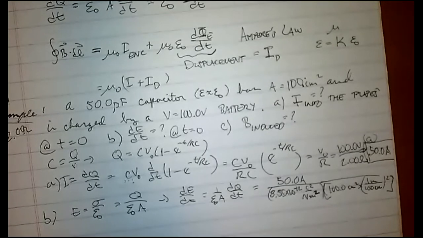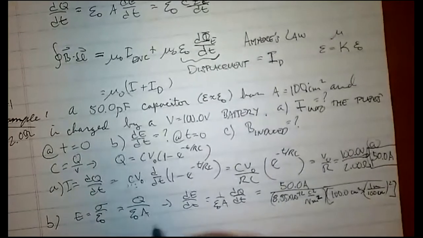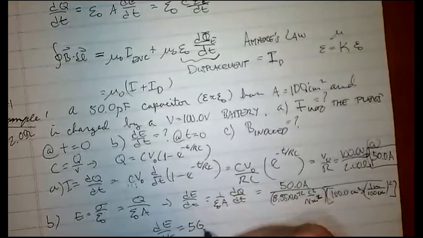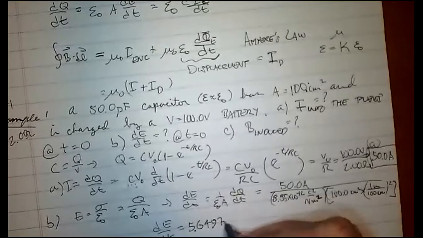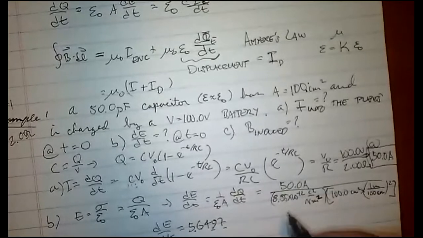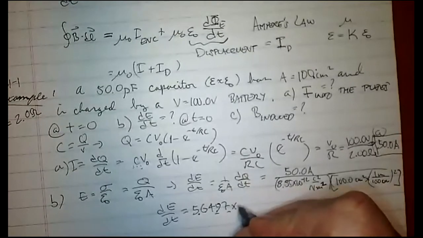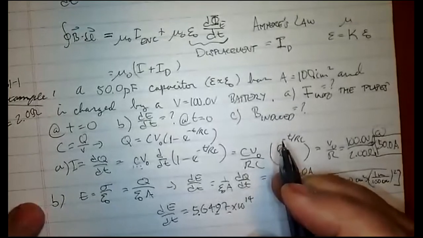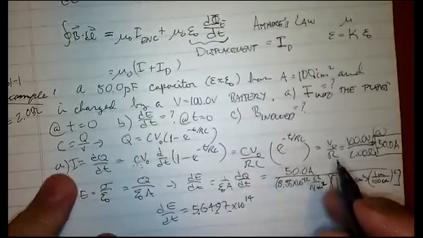That's my denominator, and now I'm going to divide 50 by that. And I got 5.65, so those are extra sig figs that I just put here, times 10 to the 14th. And that should be volts per meter per second, basically.